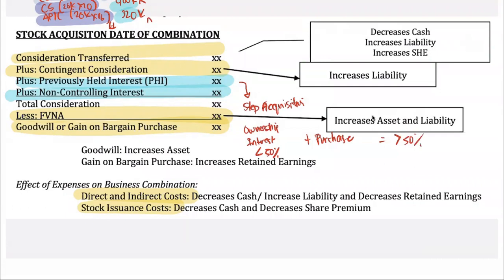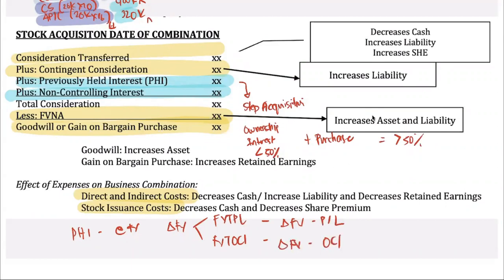Remember, previously held interest should be measured at fair value. The changes in fair value depend on whether it is measured at fair value through profit or loss or fair value through other comprehensive income. If it's fair value through profit or loss, you place the change in fair value in your profit or loss. If it is measured under FVTOCI, the change in fair value is presented in OCI.